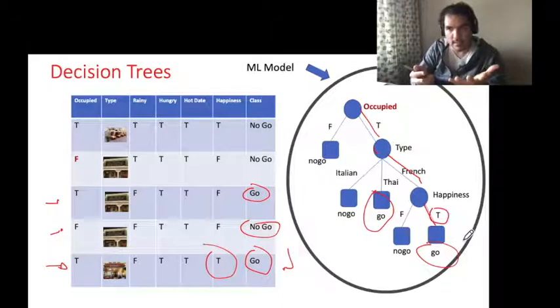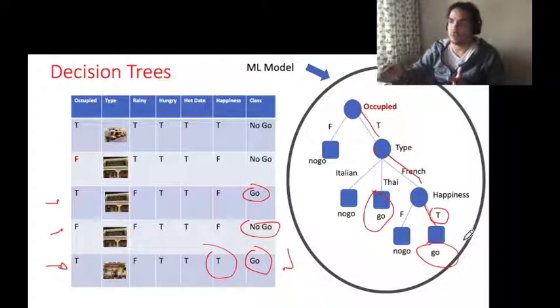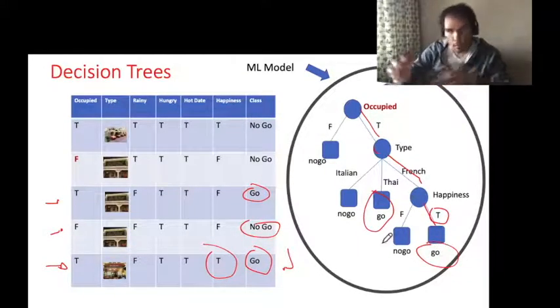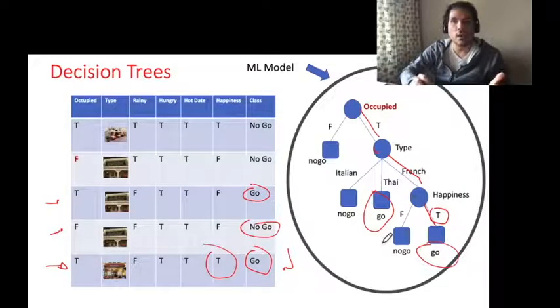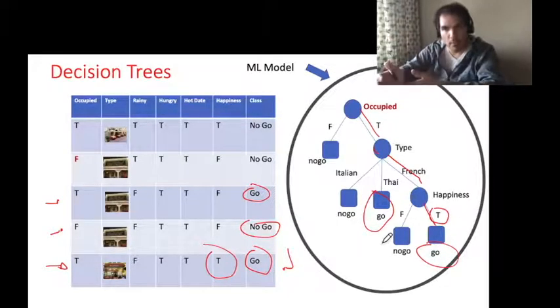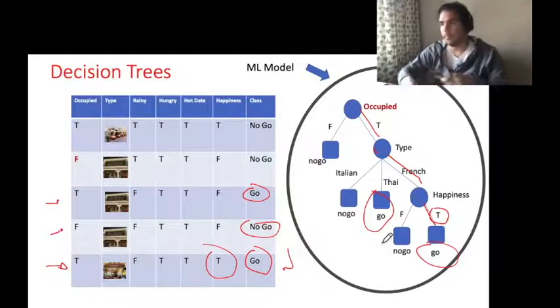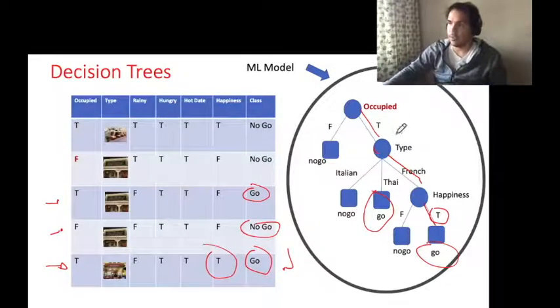It might be the case that we have to use all the features, but we don't have to use all the features. Once we have enough information to complete a decision, we are going to ignore the other features for that particular example. And this is going to be my machine learning model.